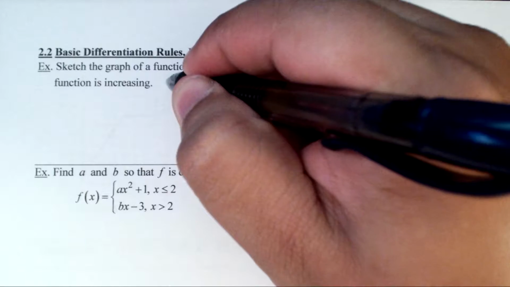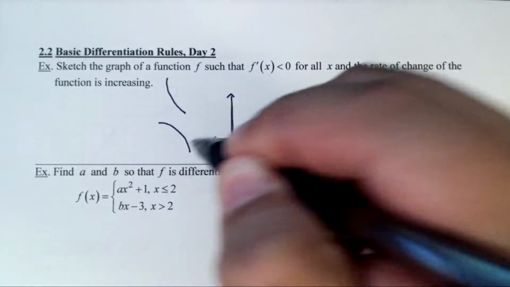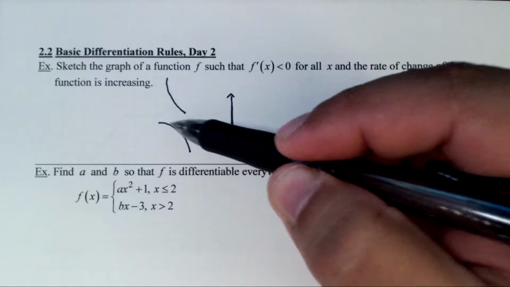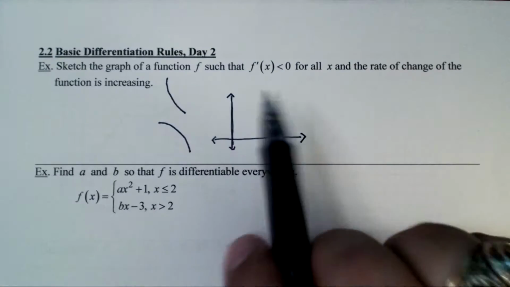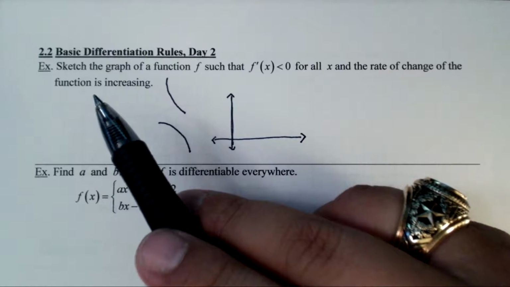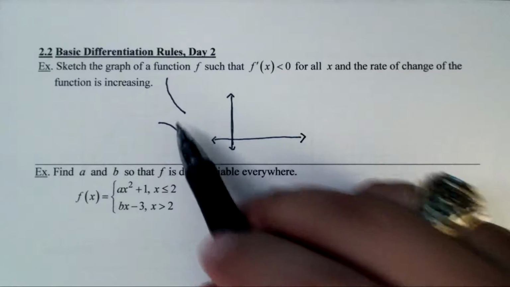It could look something like this, or it could look something like this, right? So in either of these cases, our slopes will be negative, right? Now the question is, which one of these two graphs has a slope that is increasing? In other words, which of these is increasing in value?